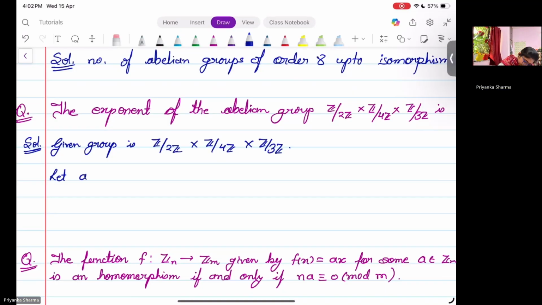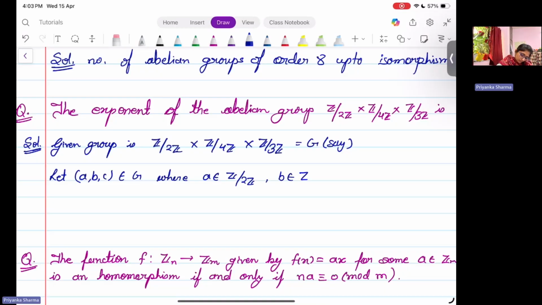Say this is G. So elements of this group G will be of this form A, comma B, comma C, where A belongs to Z mod 2Z and B belongs to Z mod 4Z and C belongs to Z mod 3Z.